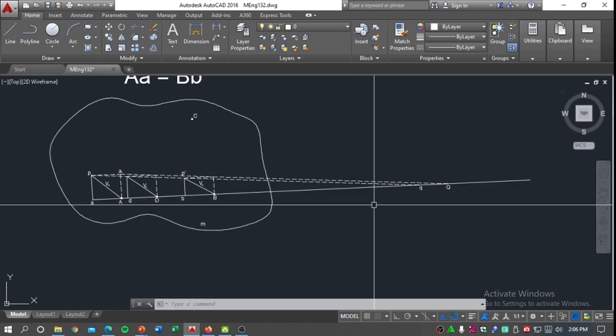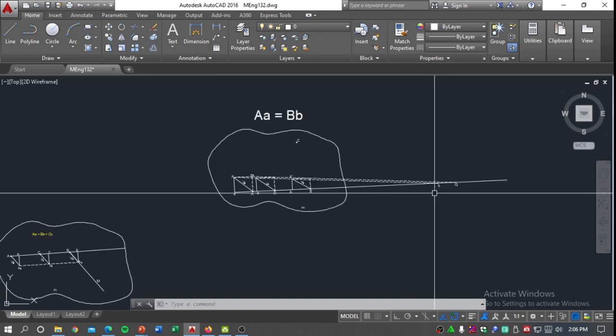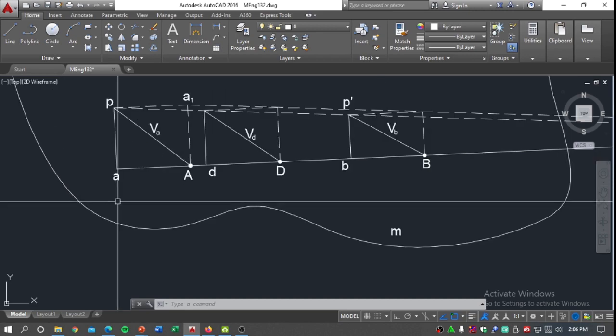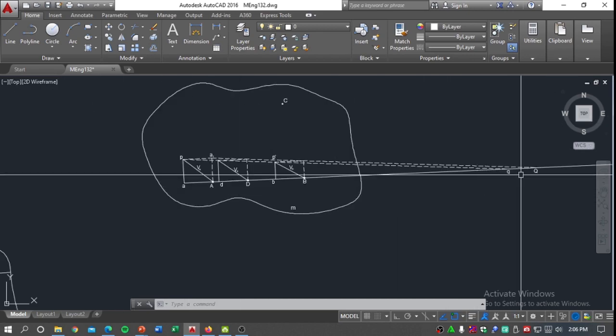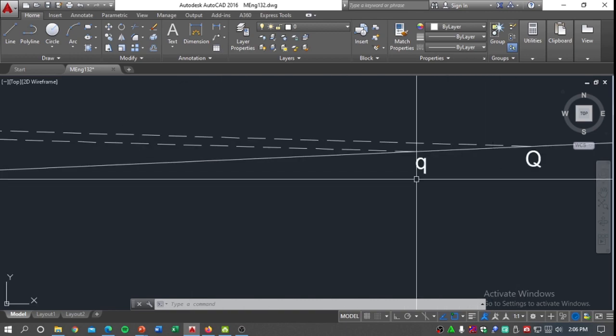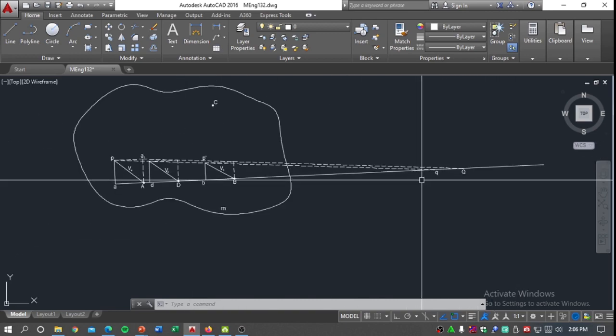So you must say that since all these points are now in the same line with A, B, and D, and it has corresponding points projected here as small q.